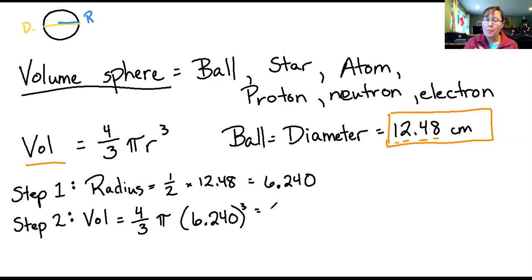If you need to, pause the video right now and work through it on your own, or work through it while I am working through it, but make sure that you're typing this into your calculator correctly. On my calculator, I will do 6.240 and I will cube that. And then I will multiply that by 4 and divide it by 3. And then I will multiply it by pi.